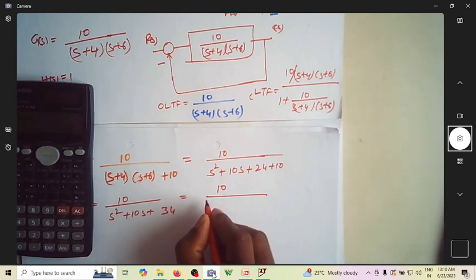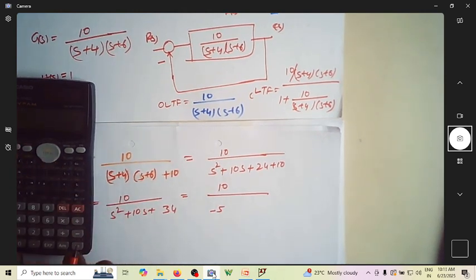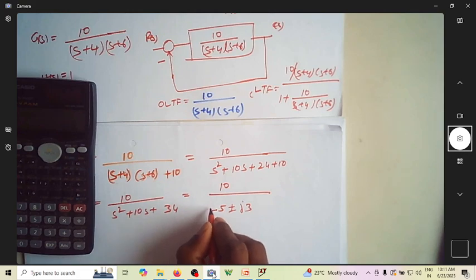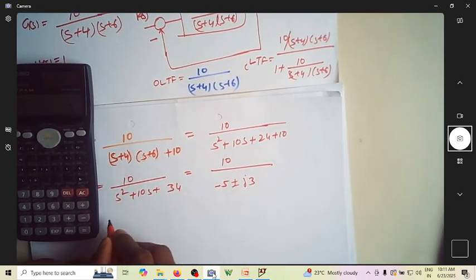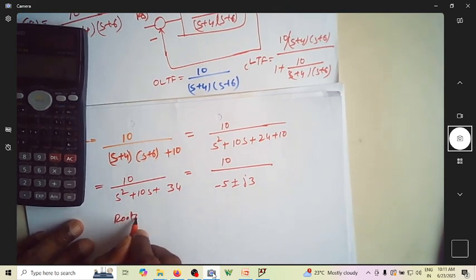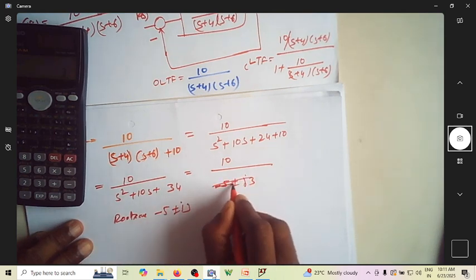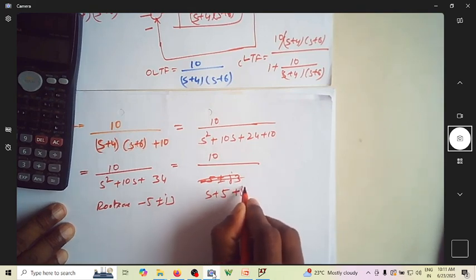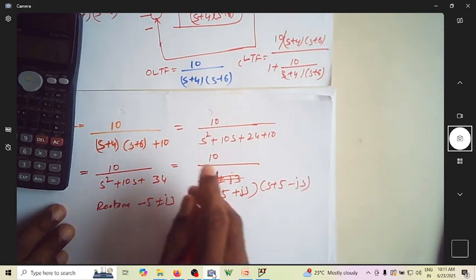So it is minus 5 plus or minus j3. So the roots are minus 5 plus or minus j3. Then this will become s plus 5 plus j3 and s plus 5 minus j3.